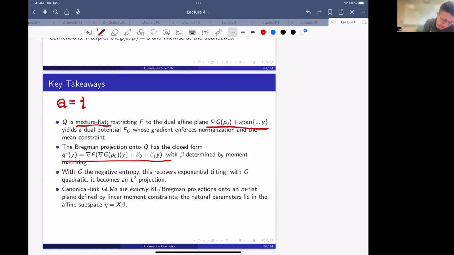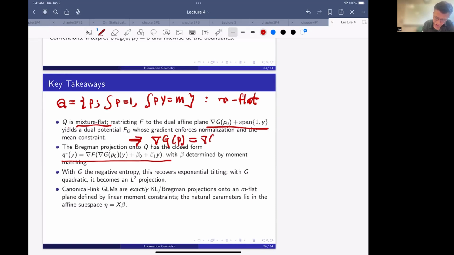Here, what I meant was like this: P equal to 1 and P y equal to M, right? So this is M flat, and from there we can construct some kind of G P0 plus lambda 0 plus lambda 1 y. So that will give this form.